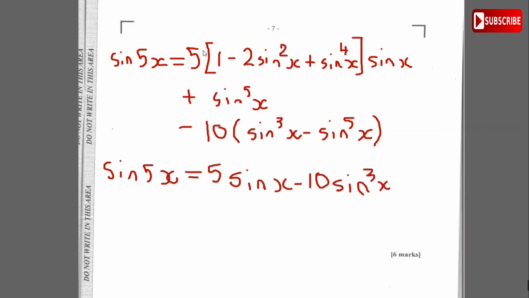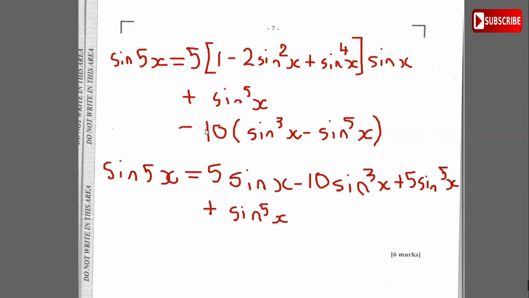Then we have 5 times sine to the 4 times sine x, which is plus 5 sine to the 5th of x. And then you have plus sine to the 5th of x.